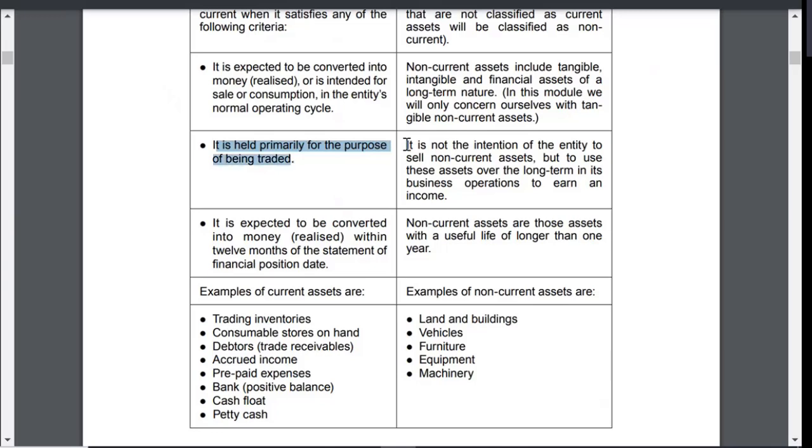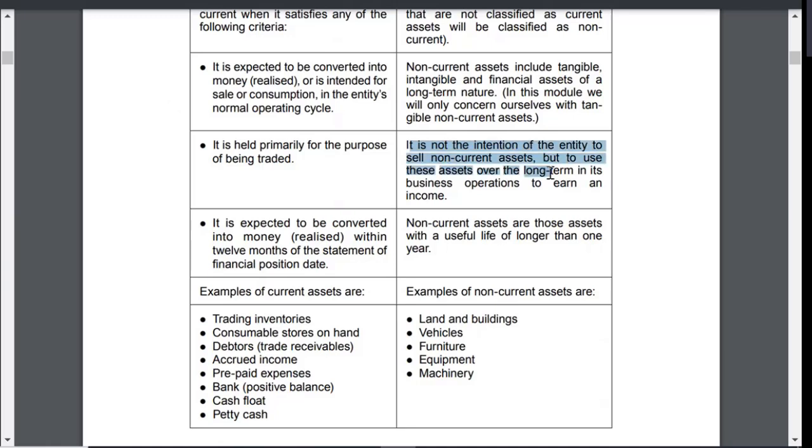An asset held primarily for the purpose of being traded is a current asset. And non-current, it is not the intention of the entity to sell the non-current asset, but to use it over a long term in its business operations to earn an income.